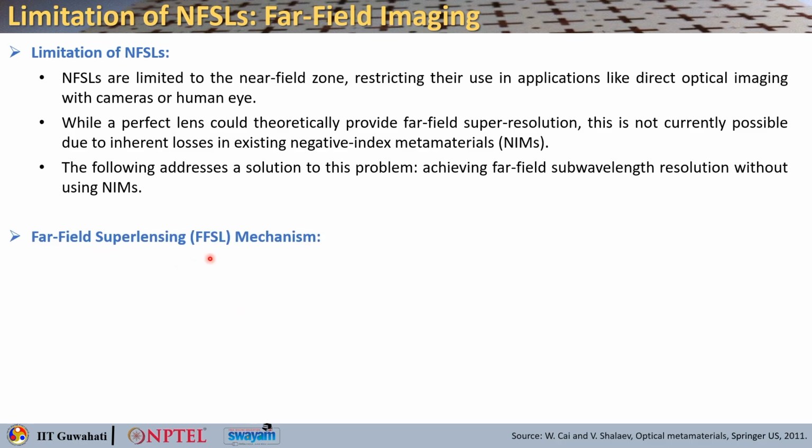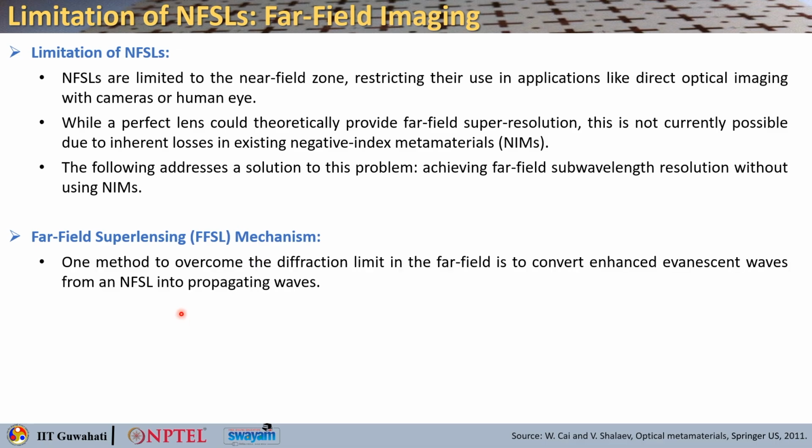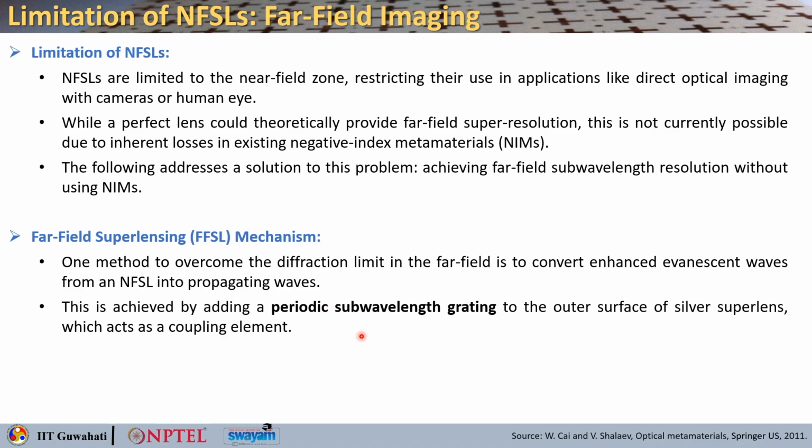So, how do you do that? We are now looking into the mechanism of far field superlensing. One method to overcome the diffraction limit in the far field is to convert enhanced evanescent waves from the near field superlens to propagating waves.